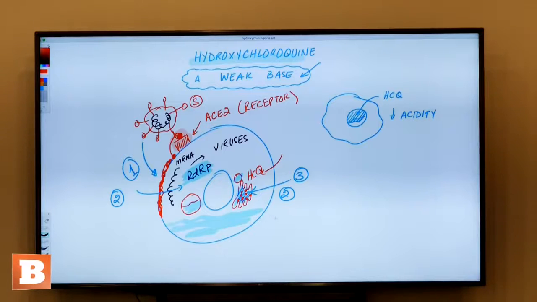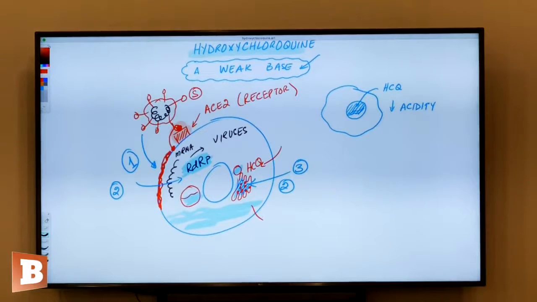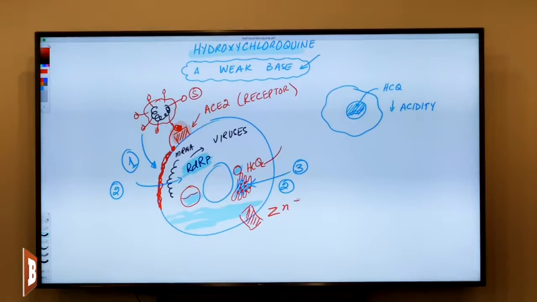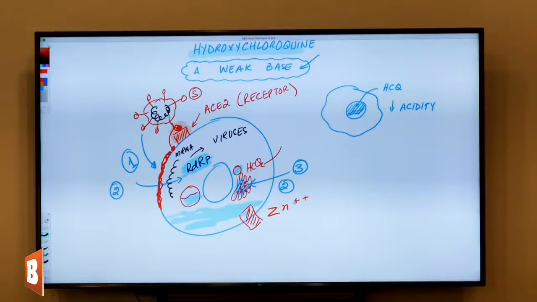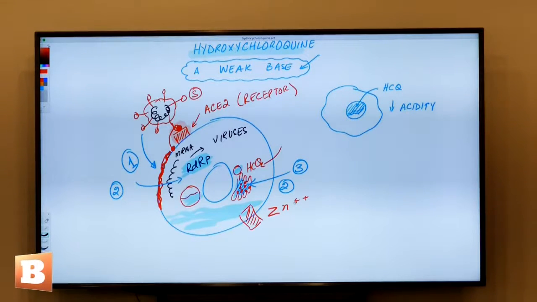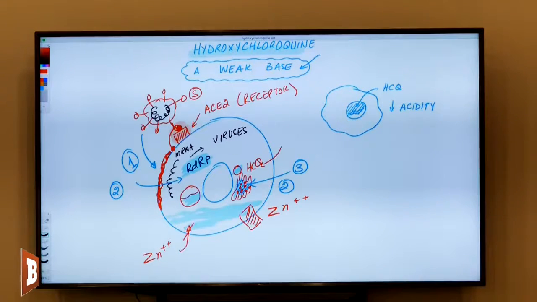A fourth mechanism is that hydroxychloroquine acts as a zinc ionophore. Zinc is a charged particle. It has 2+ charges on it. And charged particles cannot cross our cell membranes and go into the cell because our cell membrane is neutral and it would not allow the charged particles to cross from here.